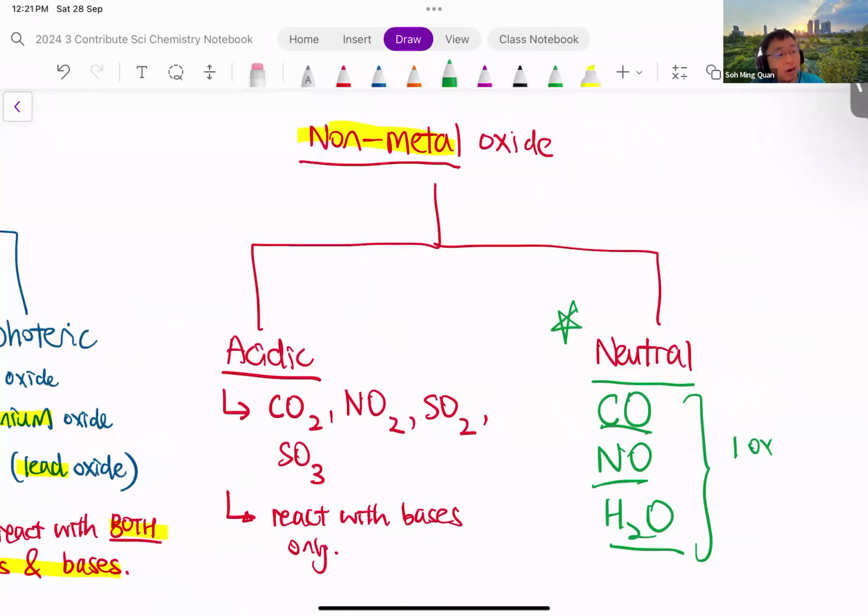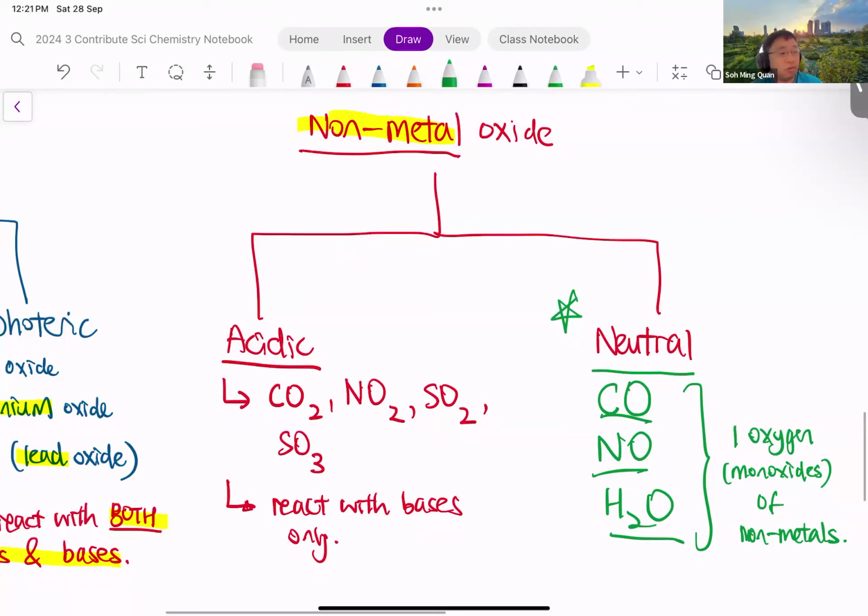They only have one oxygen, right? They are monoxides. So they are monoxides of non-metals. So if there's only one oxygen bonded to a non-metal, it's neutral. So the CO-NO-HO: carbon monoxide, nitrogen monoxide, then you have water. So these three are neutral.